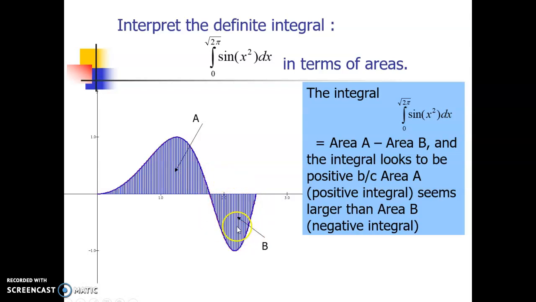Now, let's actually go to Mathematica and figure out how much is A, how much is B, and how much is the overall integral. These definitely would not be done by hand here. We're using the power of our technology to calculate these values.